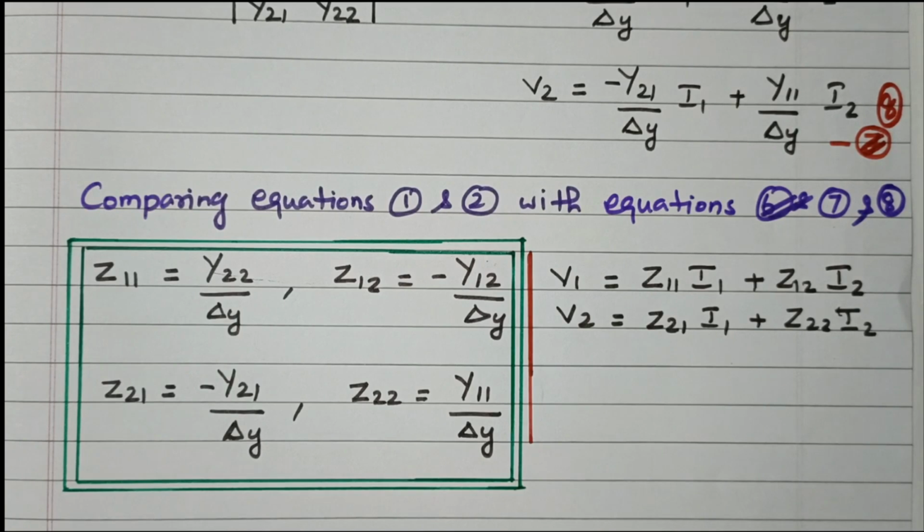Earlier we got the Y parameter in terms of the Z parameter. Now we got the Z parameter in terms of the Y parameter also. So in this video we discussed how to express the Z parameter in terms of the Y parameter. By solving the equations and comparing, we are able to identify the expressions.